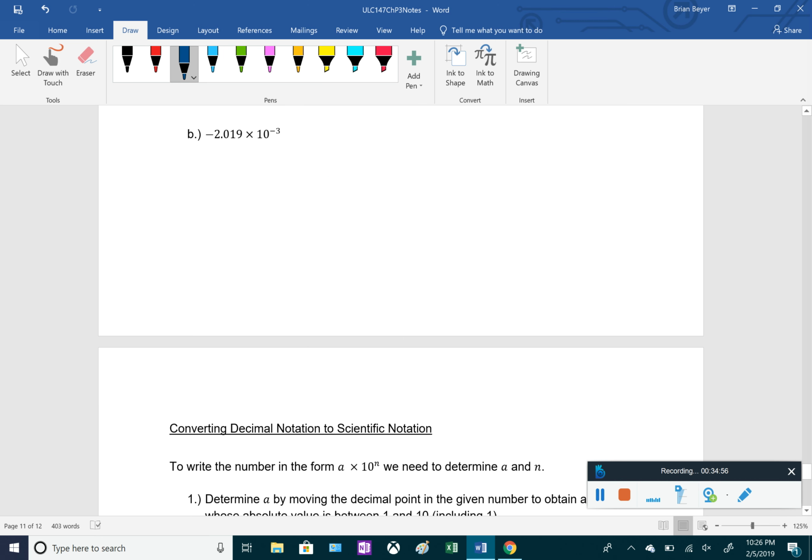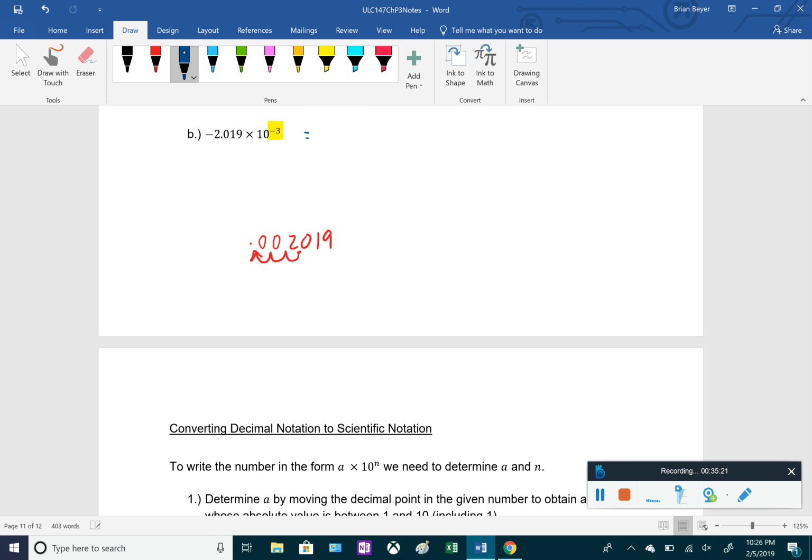Next one, negative 2.019 times 10 to the negative 3. I'm going to ignore the negative for now, and I'm going to write 2.019. The exponent here is negative, so that means we're moving it to the left 3 places. So 1, 2, 3. Placing it there, we need to fill in zeros.